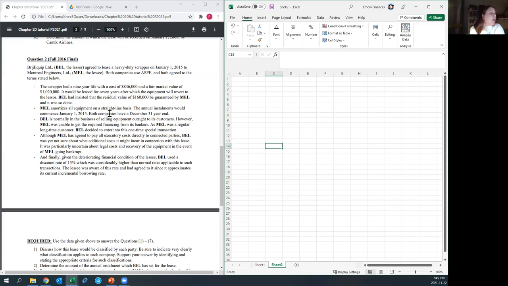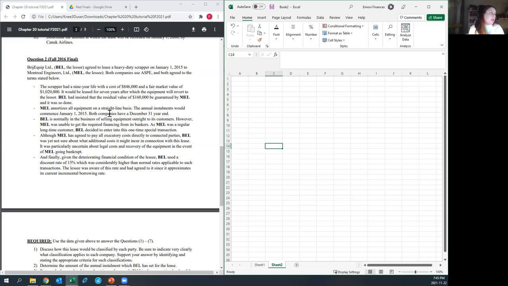Mel amortizes all equipment on a straight line basis. The annual installments will commence January 1st, 2015. Both companies have a December 31st year end. Bell is normally in the business of selling equipment outright to its customers. However, Mel was unable to get the required financing from its bankers.